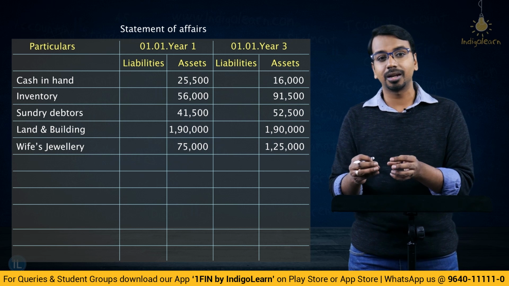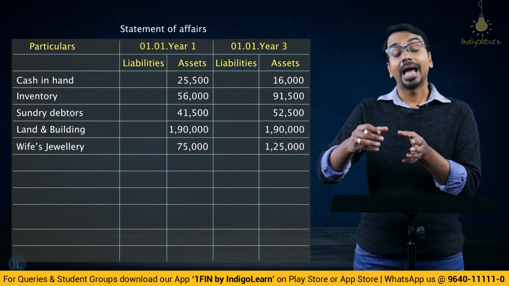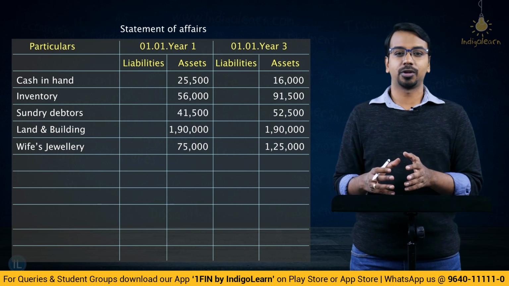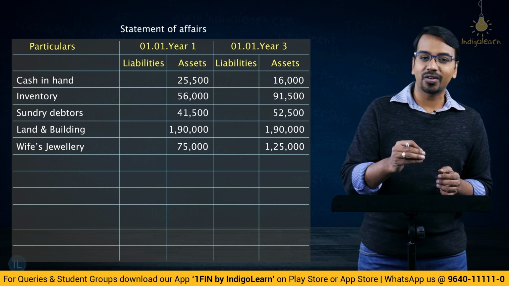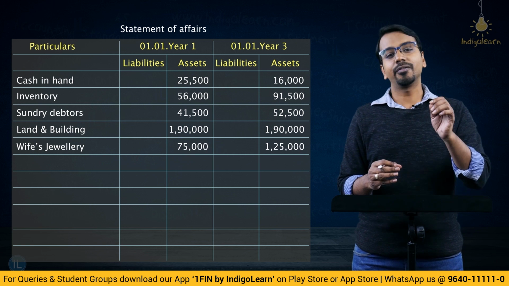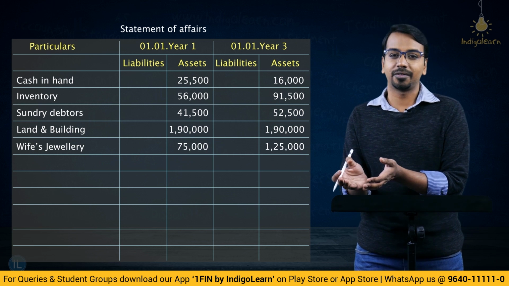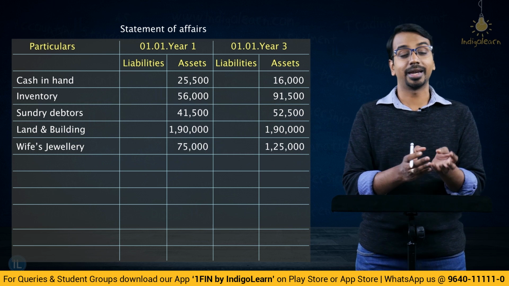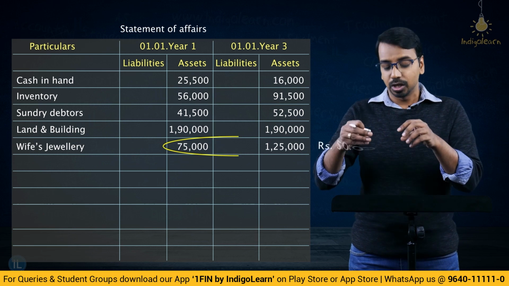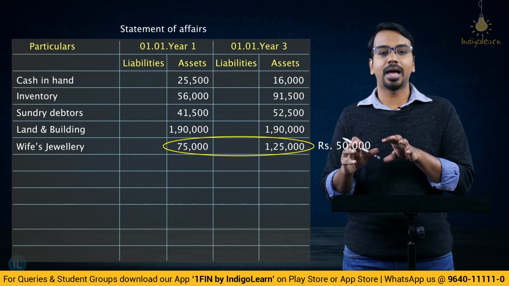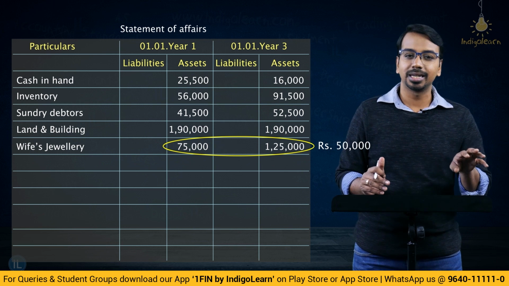So, we will consider that to be a part of the asset, and once you consider it to be a part of your asset, it automatically gets factored into the computation of income. See, on its own, the jewelry will not go up from 75,000 to 1,25,000, right? There has to be some source of income. So, the moment you add it to the assets, it automatically is taken care.